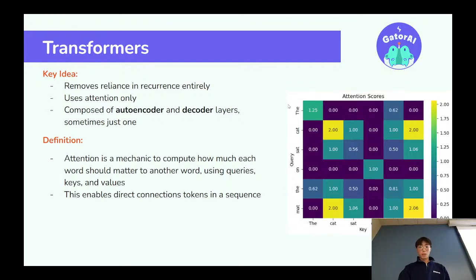For example, the going to cat has a zero attention score, but cat going to the is different. They both have zeros here, but the direction of the tokens matters in the attention. And so we can see how that works here.